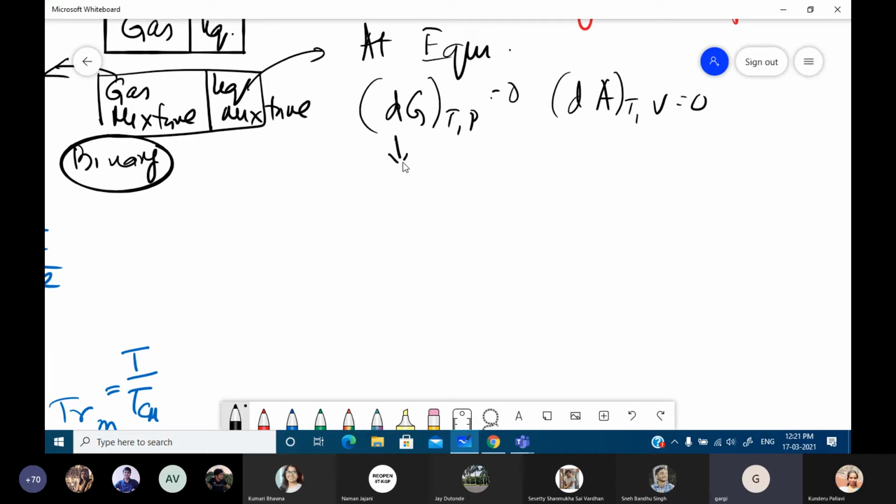And from here, if you remember, instead of using some particular extensive variables, we wanted to express equilibrium in terms of intensive variables, because mechanical equilibrium and thermal equilibrium are defined in terms of temperature and pressure, which are intensive variables.